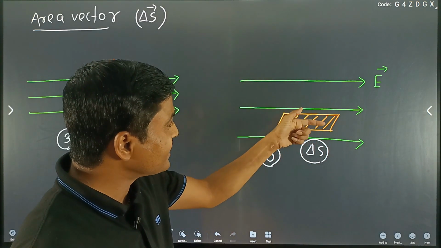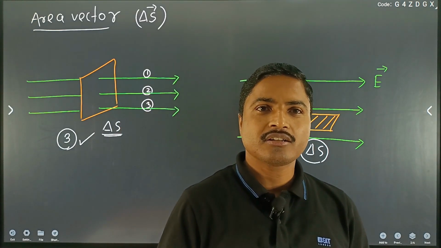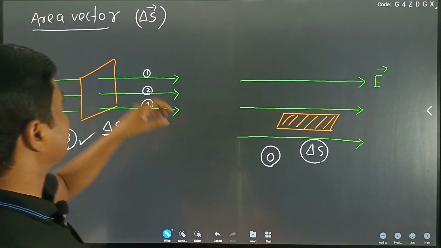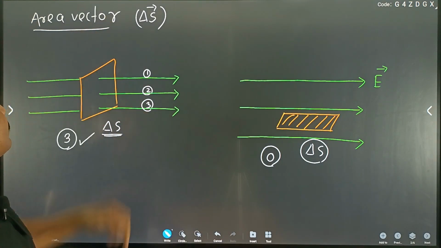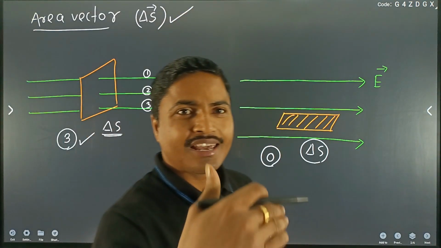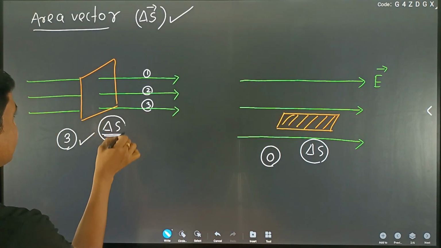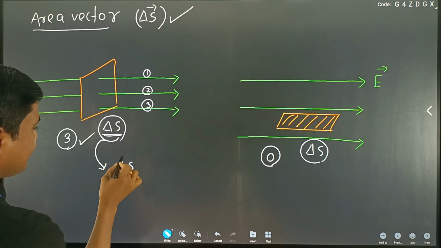And to represent the orientation of the small area element, we consider the area element as a vector quantity, and that vector quantity is known as the area vector. The small area element we write as del S, and the area vector we write as del S vector.